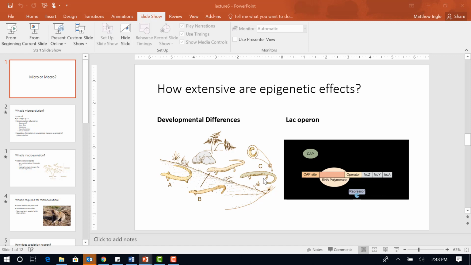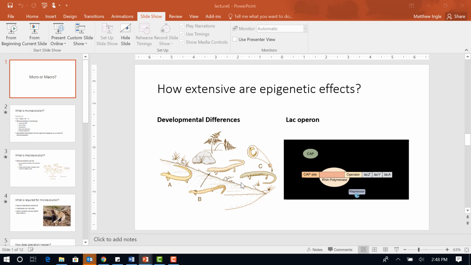And so we have three different species represented here, and you would imagine that there are significant genetic differences among these three species. But what you actually find is this is not a genetic difference controlling these different life histories.